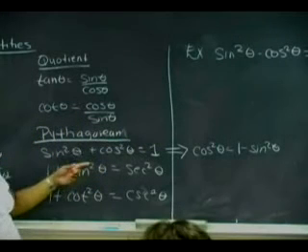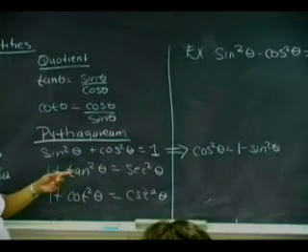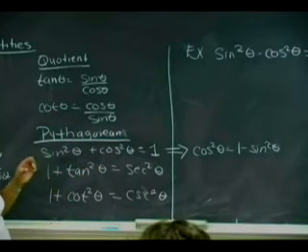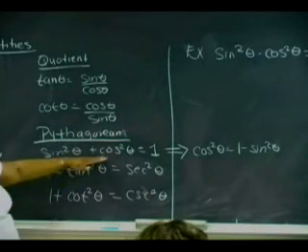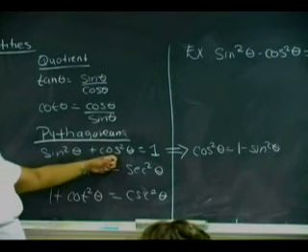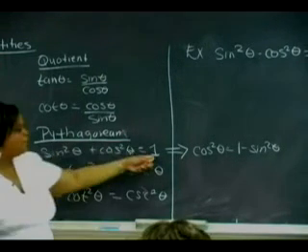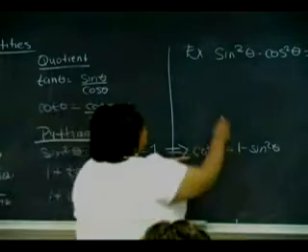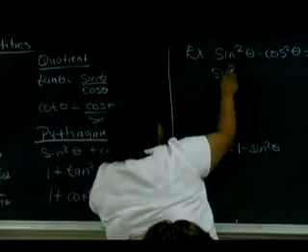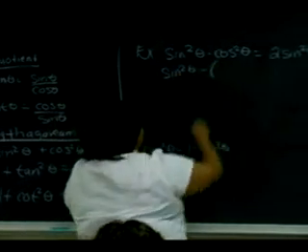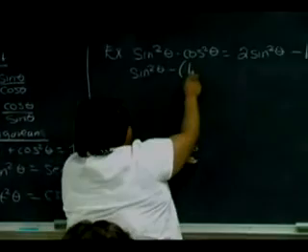Is that where you're trying to go? He's saying, I can get this equation in terms of cosine by subtracting sine squared theta from both sides. And I can in turn go up here and do what? Substitute.